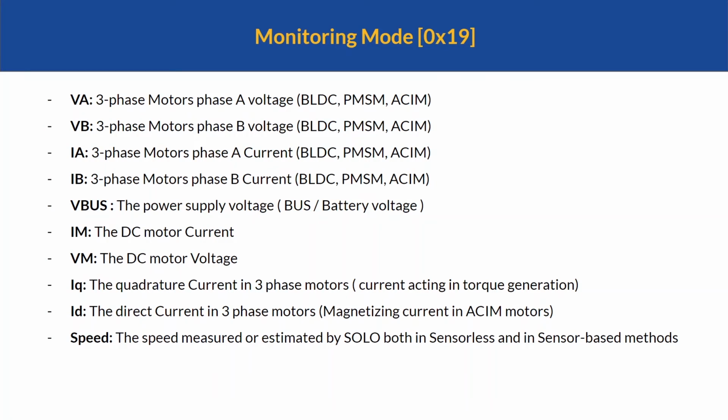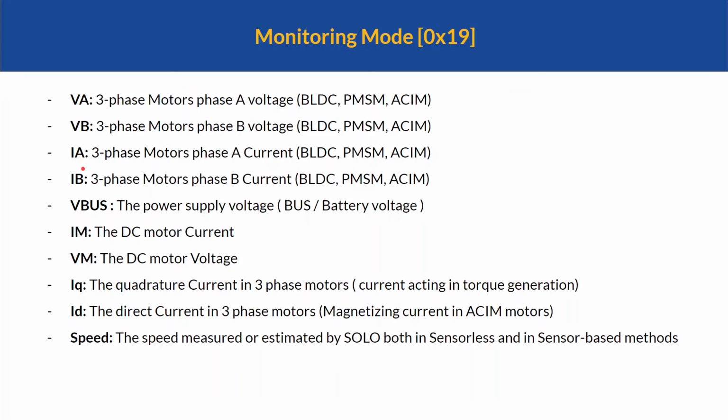Once you activate the monitoring mode, you're going to receive 10 different parameters all the time, with the sampling frequency of 1.17 kilohertz for each of them. This means that you're going to receive the voltage of phase A, the voltage of phase B, and the voltage of phase C, which can be derived from the sum of these two parameters.